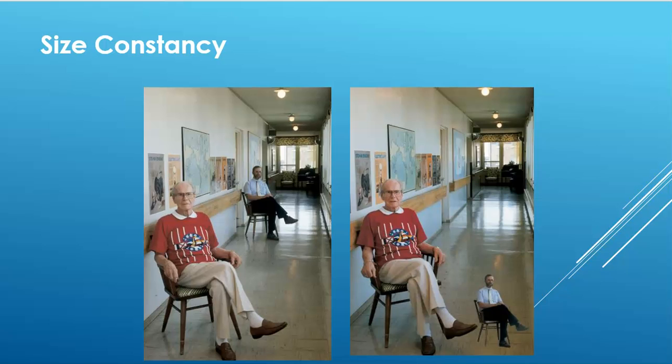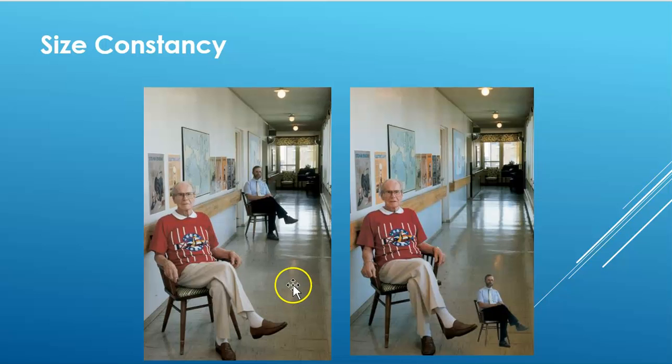Here's another example of size consistency. The perception of the size of an object remains relatively consistent, even though the images on our retina change in size with varying distances. In other words, we recognize in this image that this guy sitting way back there is the same size human as the guy sitting closer to us, even though if we measure the size of the image of him versus the size of the image of this gentleman up front, they're actually very different sizes.